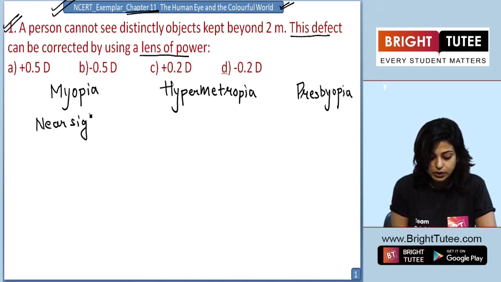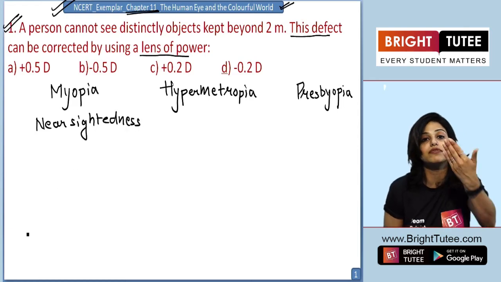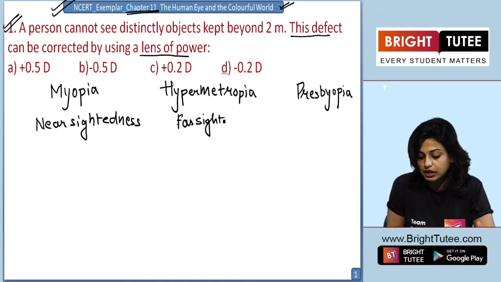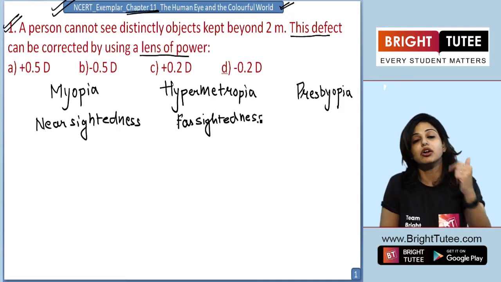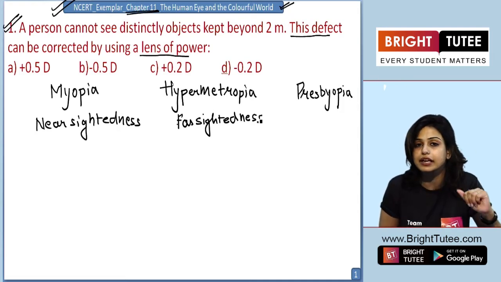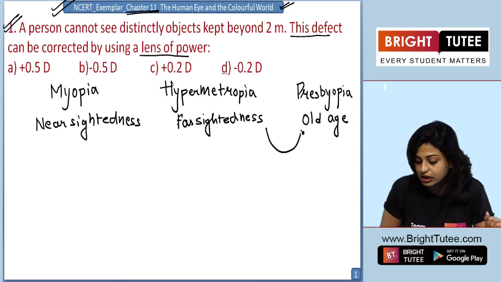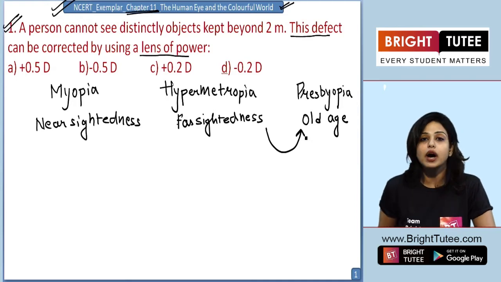That means a person in myopia can see nearby objects but cannot see far off objects. The other one is farsightedness. Hypermetropia, person suffering from this defect can see far off objects but cannot see nearby objects. And then presbyopia. This happens in old age and this is a version of farsightedness.